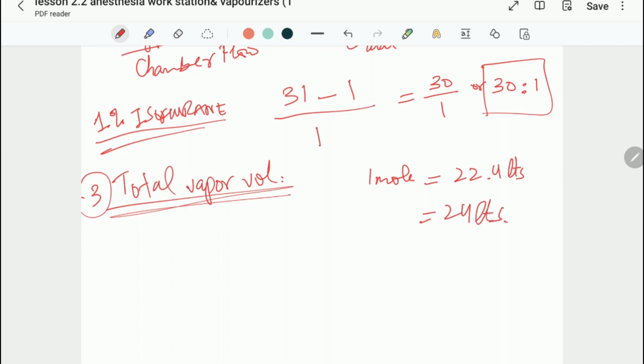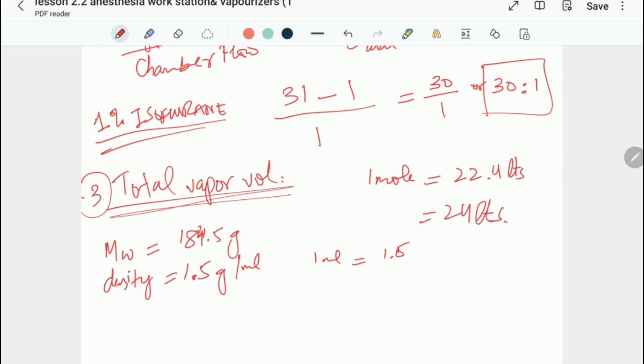Okay. Now again, let's take the isoflurane example. The molecular weight of isoflurane is 184.5 gram and the density is 1.5 gram per milliliter. For the first step, we'll calculate how many moles are there in 1 milliliter of isoflurane. 1 ml of liquid isoflurane weighs 1.5 gram because its density is 1.5 gram per ml.